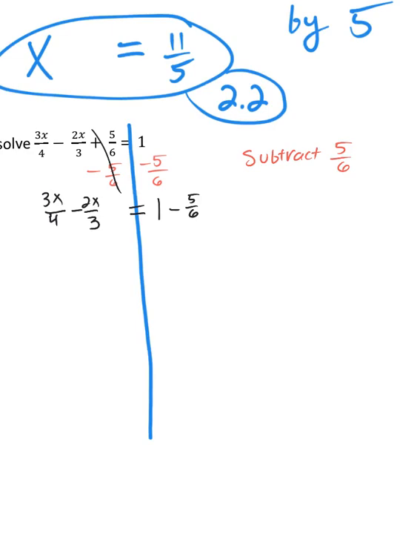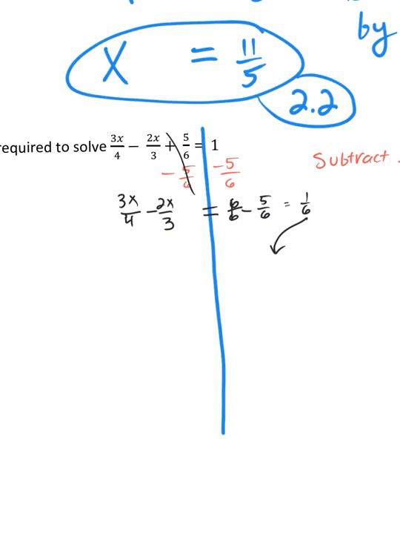Oh, well, 1 is a funny version of 6 over 6, so I just converted that 1 into a fraction, so 6 over 6 is also 1. 6 minus 5 is 1 sixth. Okay, so now from here on, we're going to use 1/6 moving forward.